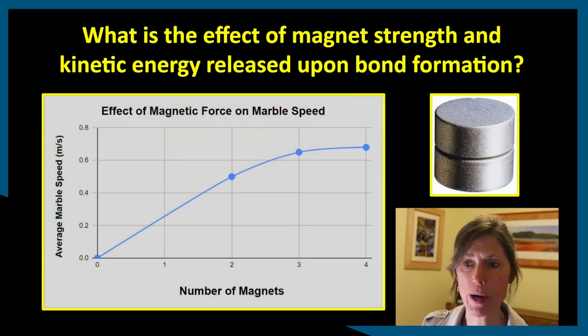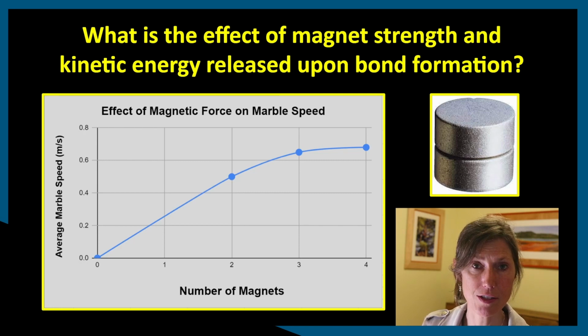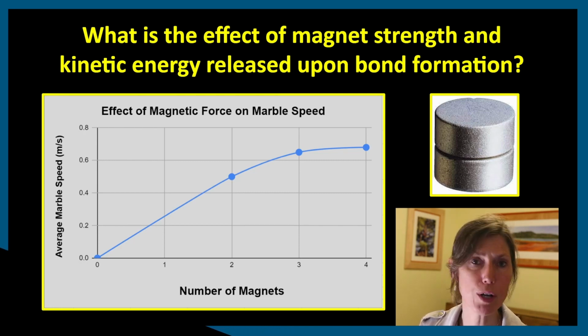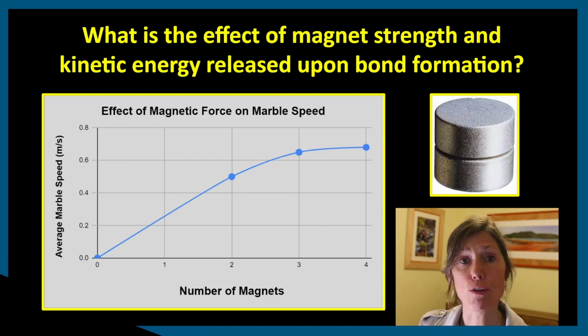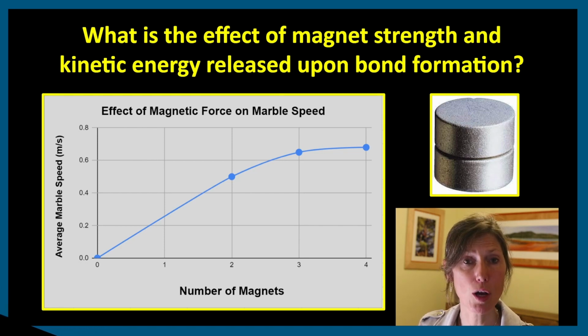So I'm showing you actually some data of 3 different sets of tests using either 2, 3, or 4 magnets, or none, and it shows you that exact relationship. The more magnets you have in your system, the greater the kinetic energy released upon the making of that bond.